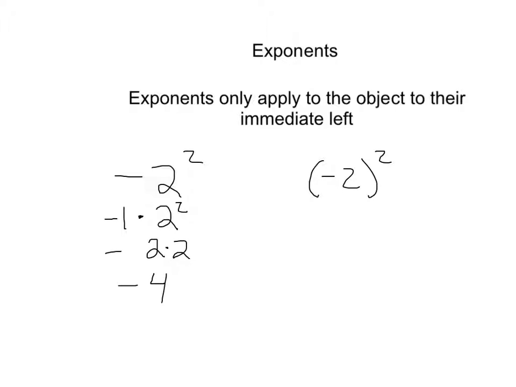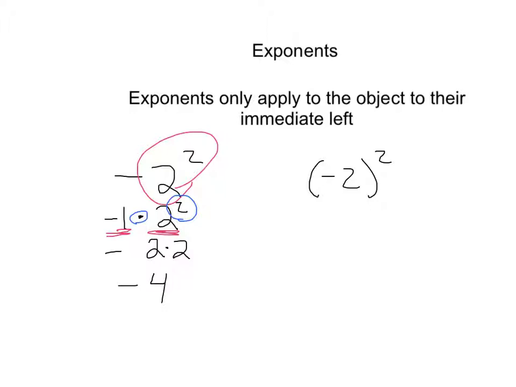Right? Because this squared only applies to the 2. Okay? It does not apply to the negative, because really you have a negative 1 times 2 squared, and we do exponents before we do multiplication. So that's the reason, and by far this is the most common mistake people make with exponents.